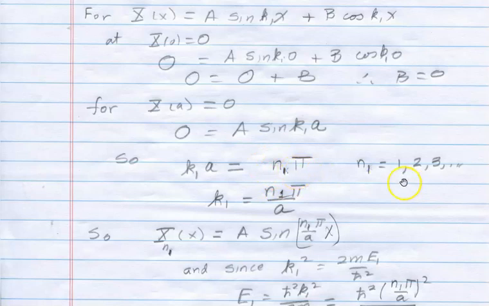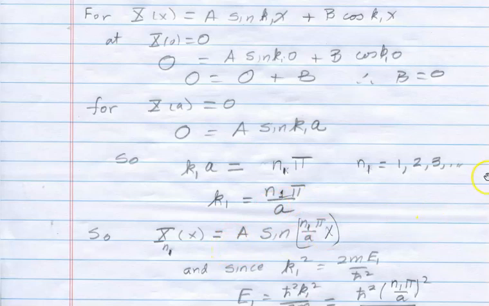But as we've seen, we don't want the 0. If I choose n1 equal to 0, then k is 0, and I get the 0 solution, and that's not normalizable. And then we want independent solutions, so we don't need all of those negative values of n1. So n1 goes from 1, 2, 3, etc. in integer steps, and one can solve for k1 in terms of n1.